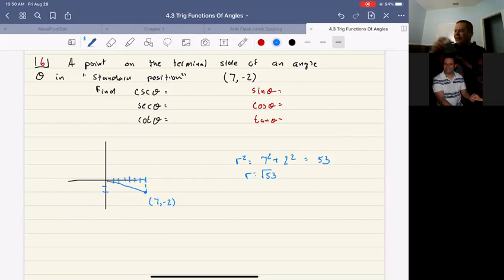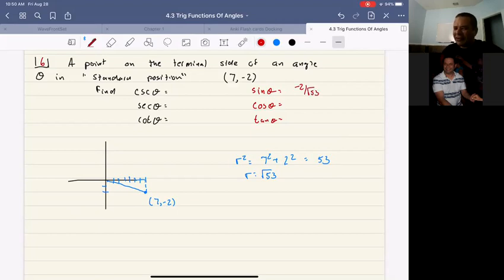Now, I honestly don't usually think about cosecant of theta very much, so I'm going to get confused if I do it. So I'm going to do the sine first, just because it's easier for me, okay? So the sine of theta is going to be, remember, the y over the r. So it's going to be -2 over root 53.